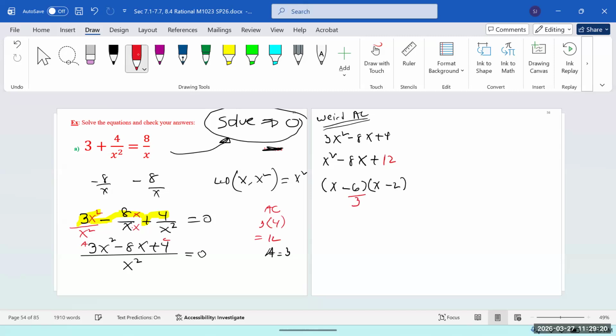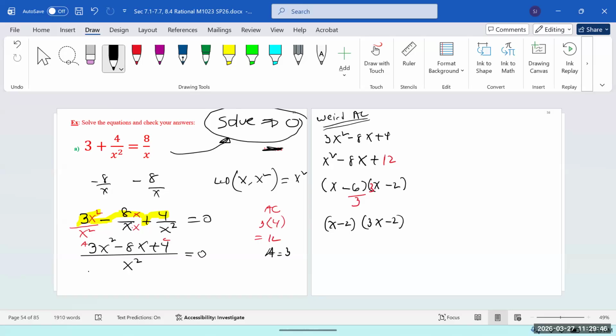And since 2 is not divisible, what do we do with the second factor? No, we multiply the variable. So one factor we divide, the other factor we multiply the variable. That means the two factors we have are x minus 2 and 3x minus 2.